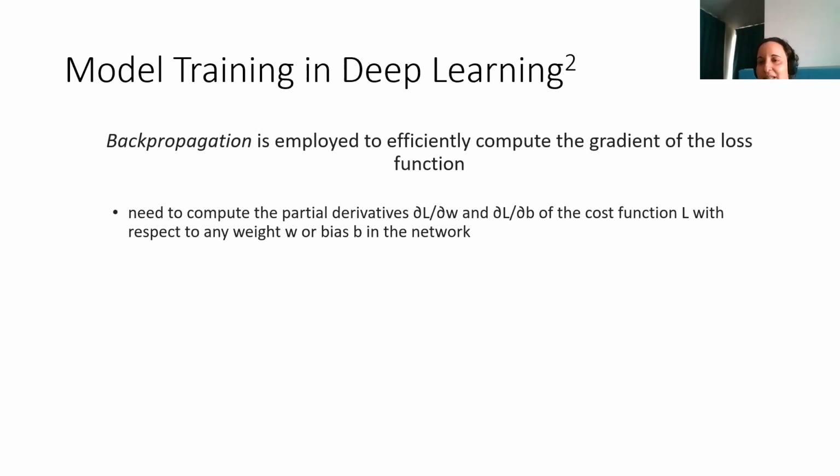Basically, what we need to do there is compute, on this particular function, all the partial derivatives of the loss function for every weight that we have defined in our DAG, the directed acyclic graph that defines your deep learning model, as well as the biases, if you have any.